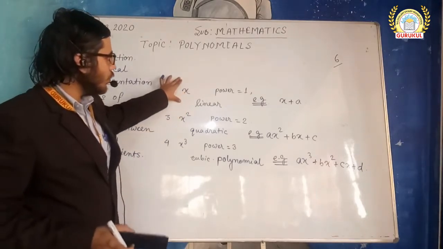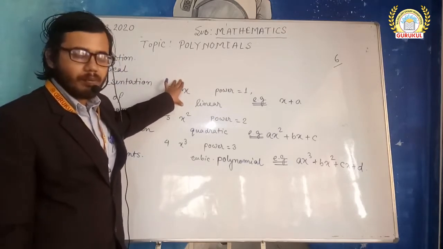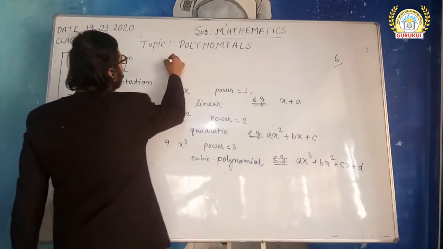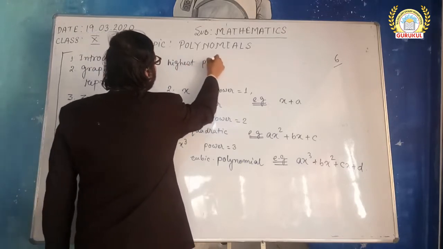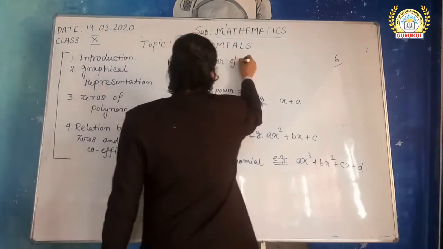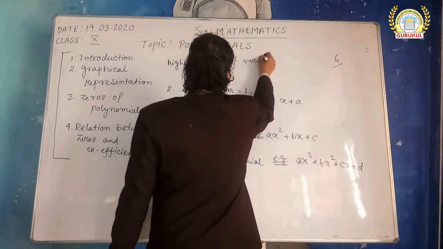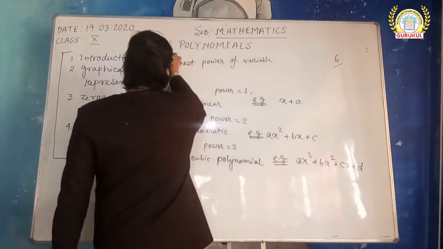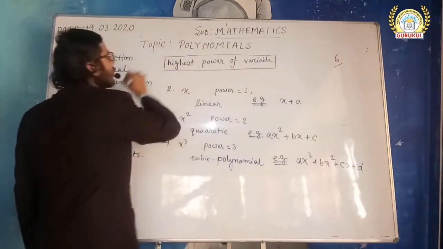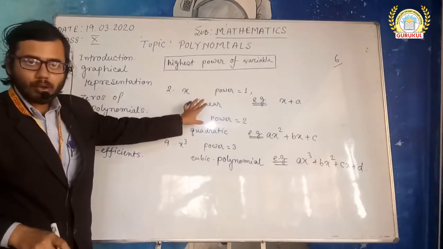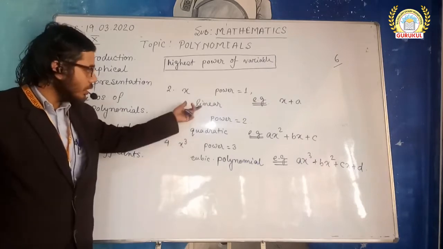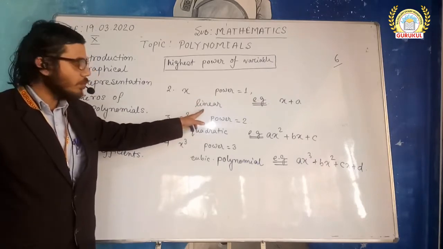First, we need to know the highest power of a variable. First we need to find this. If we see that the highest power of x is equal to 1, then that expression is called a linear polynomial.